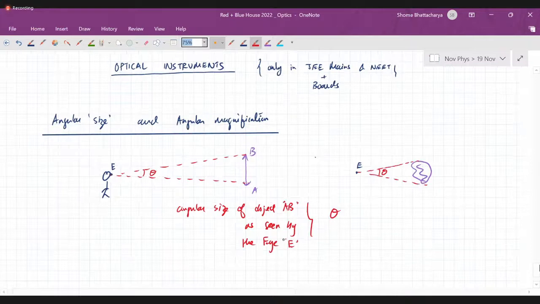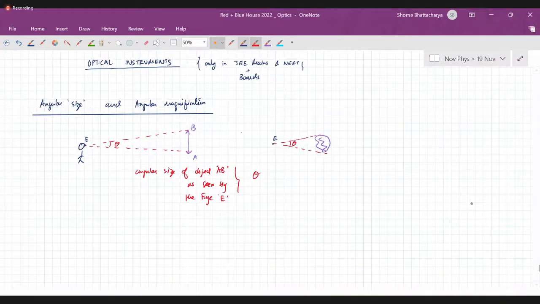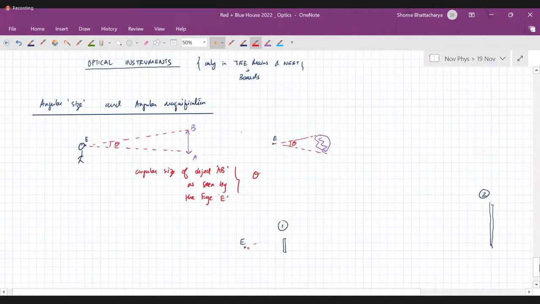So if we have an object of this kind of size, which is here compared to the eye, but we have another object which is technically much larger, but at a much larger distance. So this is object 1, this is object 2. You will see that object 1 spans a larger angle, even though it is smaller.